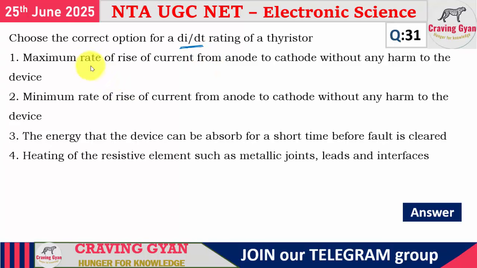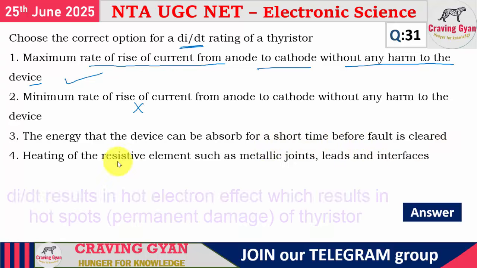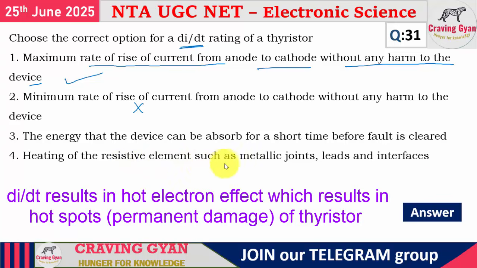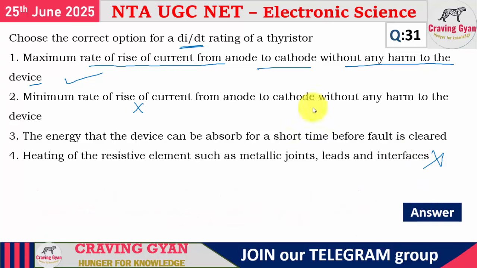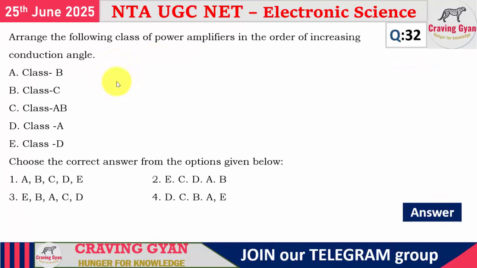In this case, maximum rate of rise of current from anode to cathode without any harm to the device. Yes, it is maximum rate of rise. No, the energy that the device can absorb for a short time before fault is cleared. Okay, somewhat okay. Heating of the resistive element such as metallic joints, this option can be eliminated so easily. So the corresponding option that is going to follow is option 1 is correct.